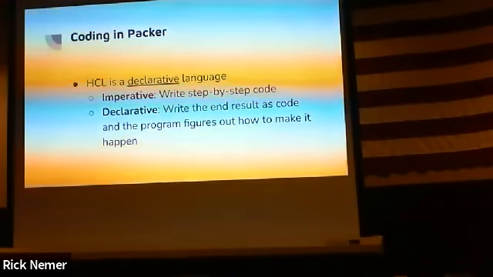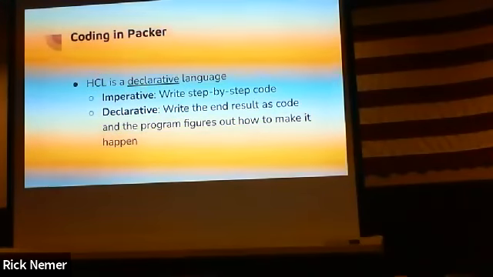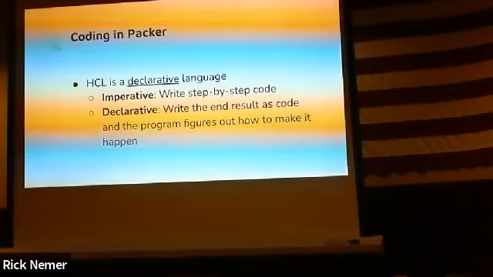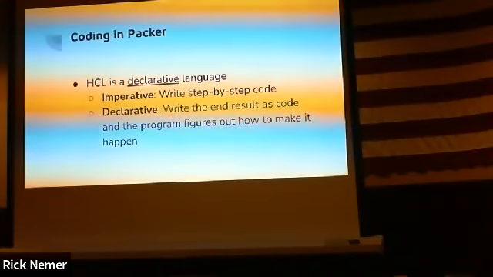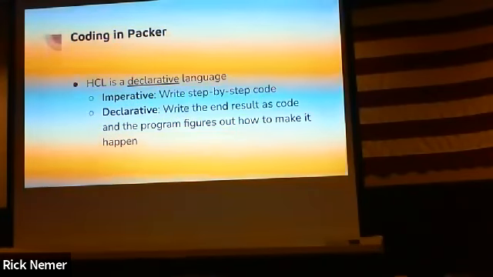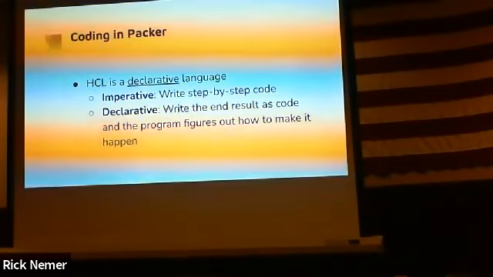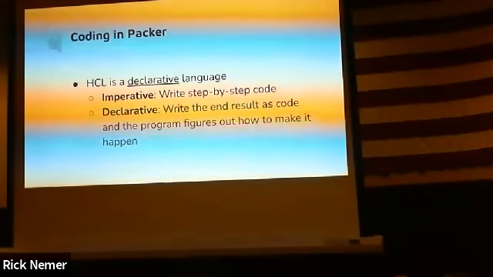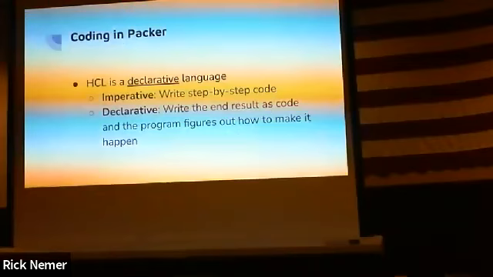With declarative, you don't write the step-by-step instructions. You tell it what you want it to do, and the program itself figures out how to do that. So you don't say, log into AWS, spin up this, do that, tag this. You just say, I want this VM image to be built, and I want it to look like this. And it figures out all it needs to do to make that happen behind the scenes. Super cool.